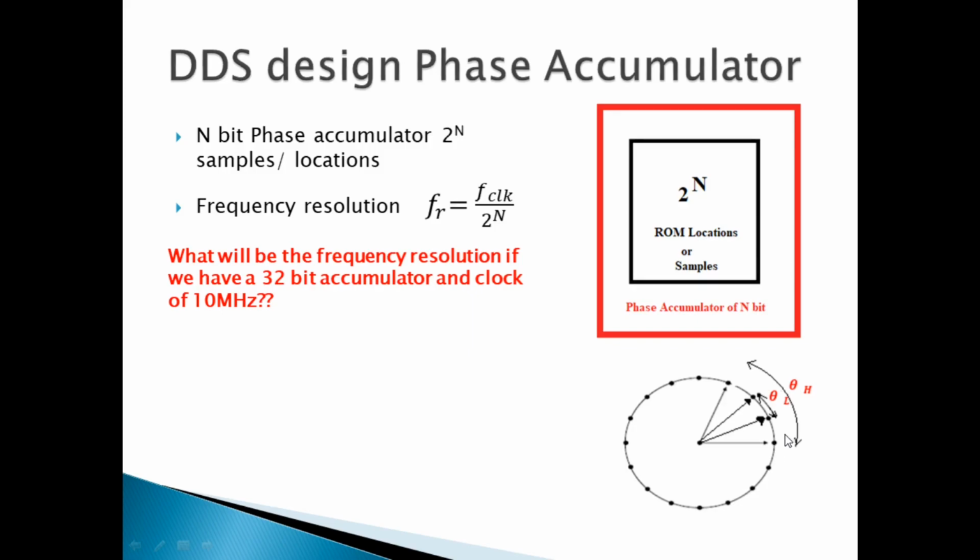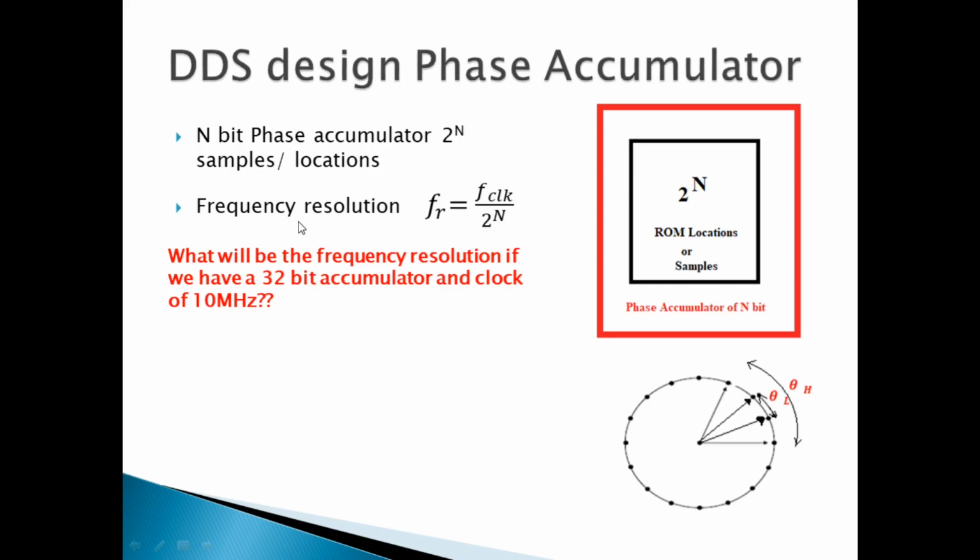So if I take small steps, I take longer time to reach, so the frequency is lower. And if I take larger steps, I reach quickly. So the frequency resolution Fr is given by the clock frequency divided by 2 raised to n ROM locations.